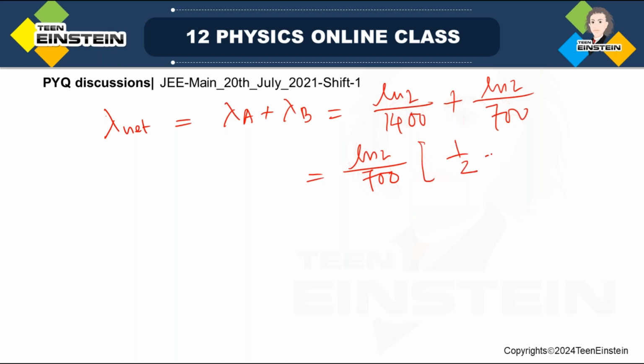So I'll get here half plus 1, that means 3 by 2 into ln2 by 700.